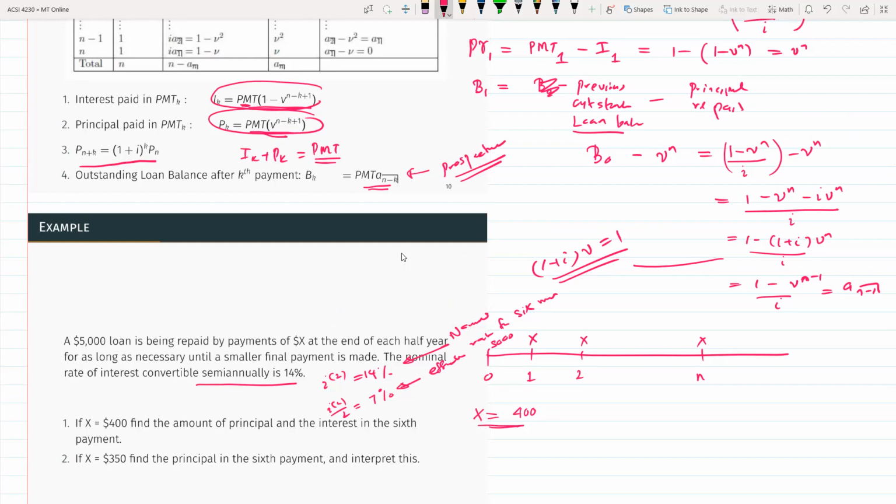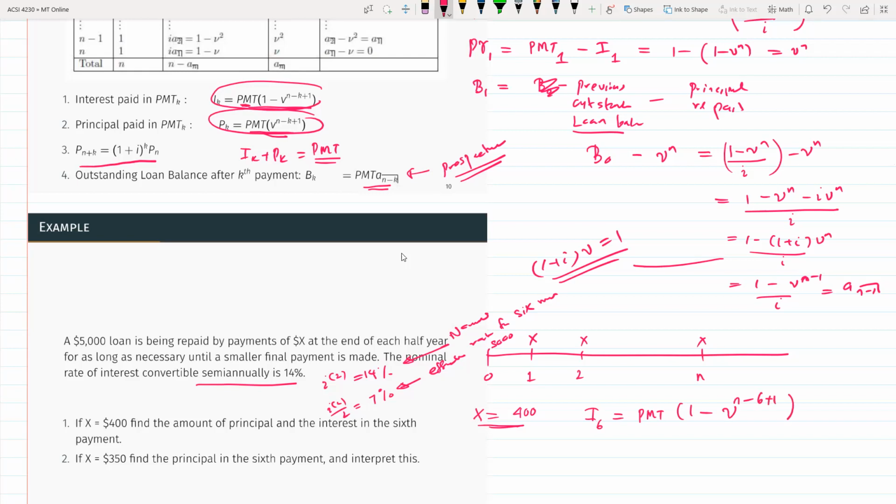Let's try to answer for the sixth payment. I want to see the I6, which is basically payment times 1 minus v to the n minus 6 plus 1.